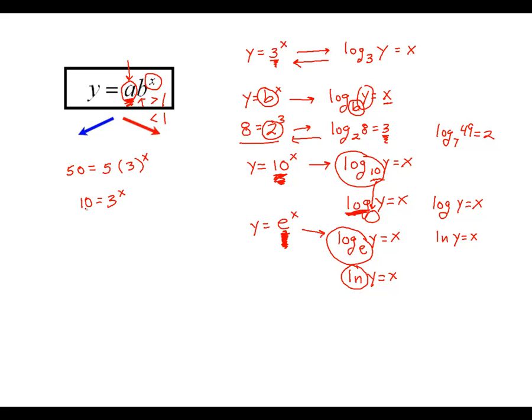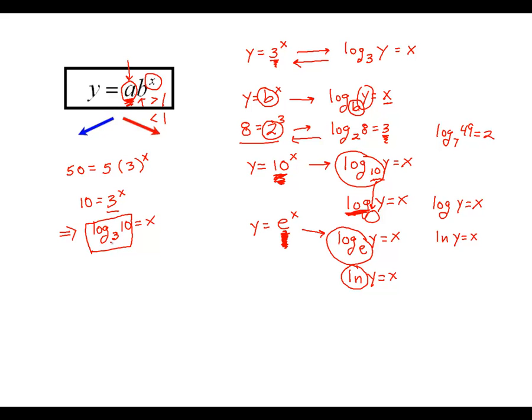Well, 3 squared is 9, so it's close to that. It's a little more than 2, but to solve for it exactly, we would rewrite it as a logarithm by saying log base 3 of 10 equals the exponent x.